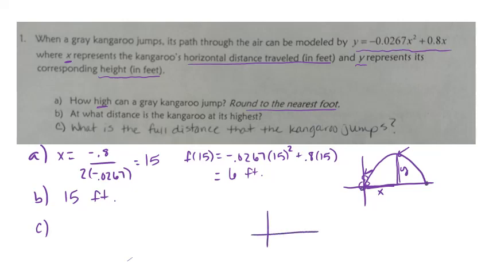So if we know that here to here is 15 feet, with the axis of symmetry, there's got to be another 15 feet from the vertex. So that should be a full 30 feet. All we're really doing is doubling the distance to the vertex.